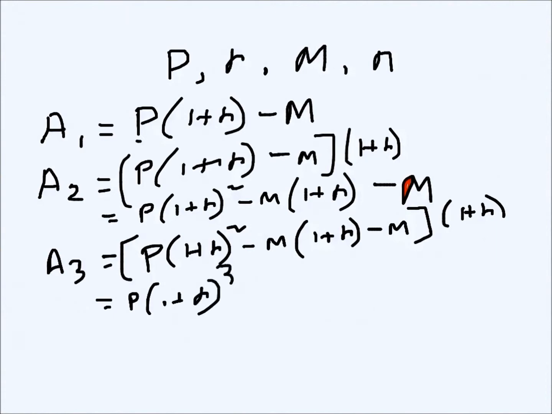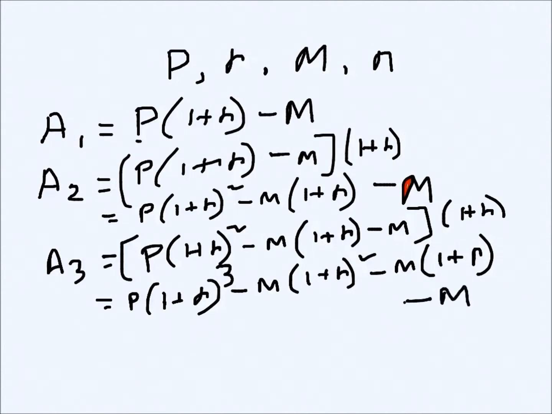There is a pattern we can see. So 1 plus r square minus M, 1 plus r. And this is the amount owed after the third month before the repayment, and after the repayment it is less M.